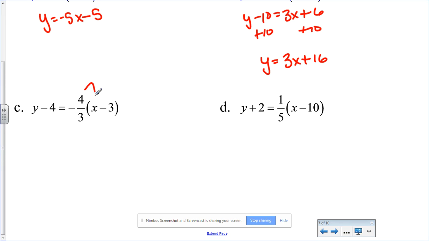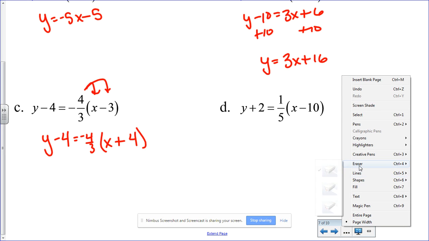For C, distribute again. Negative 4/3 times negative 3 gives you a positive 4. I didn't really want to write that way. Let's go ahead and fix that.